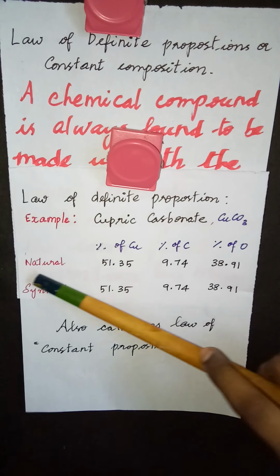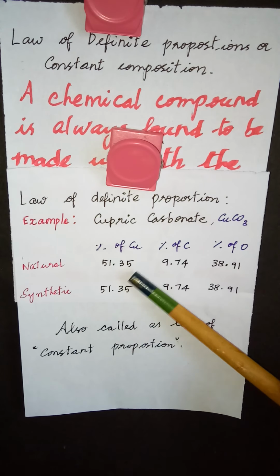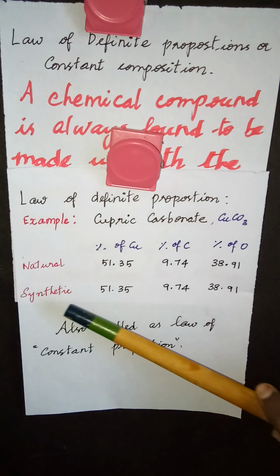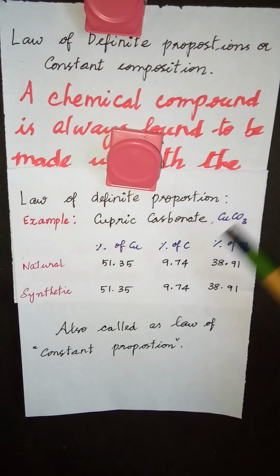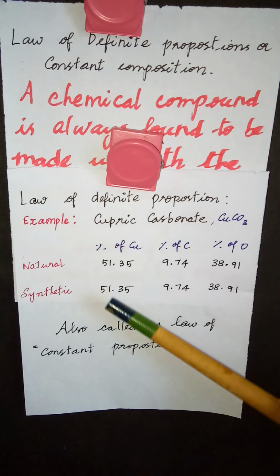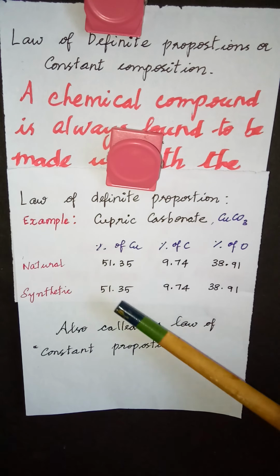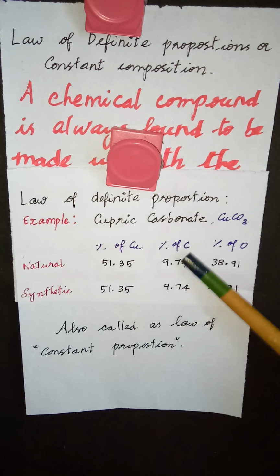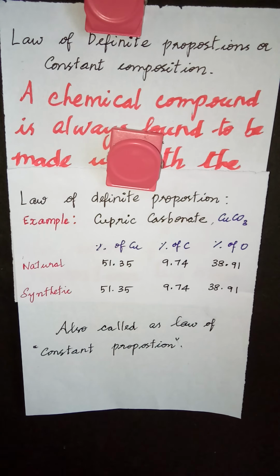In the natural sample, the percentage of copper is 51.35, carbon is 9.74 and oxygen is 38.91. In the same way, you take a synthetic sample, which means you're preparing this cupric carbonate in the lab, and you check the percentage of each element and find it to be the same as the natural one. The percentage of copper is the same, carbon is also the same and oxygen is also the same as the natural sample.